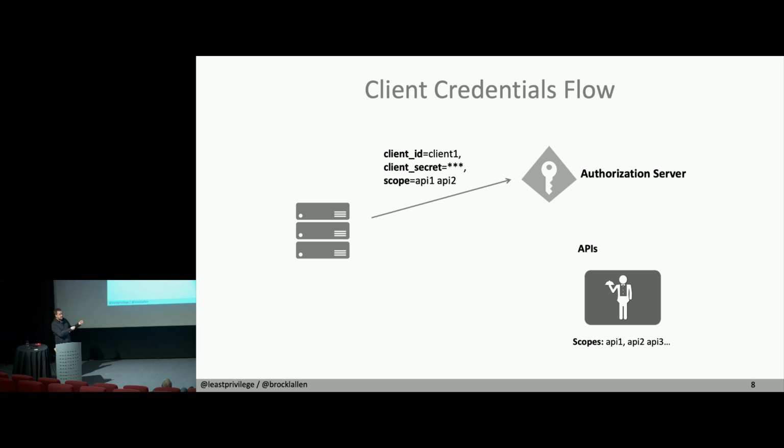It's a confidential client, so this secret is stored somewhere securely. It says, okay, give me a token for this API. The authorization server will authenticate the client, make sure that this client has access to the APIs it's asking for, and send back the access token, and then the client will use that access token, right? These are the two fundamental steps: request the token, use the token.